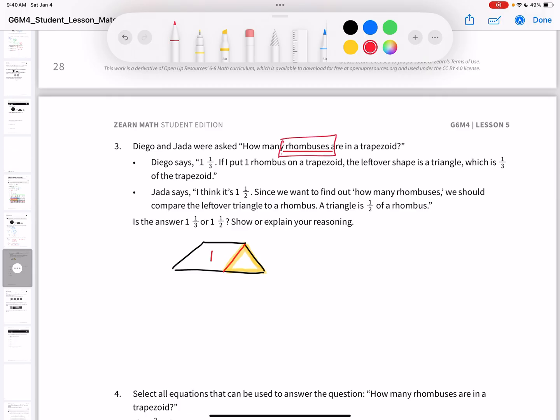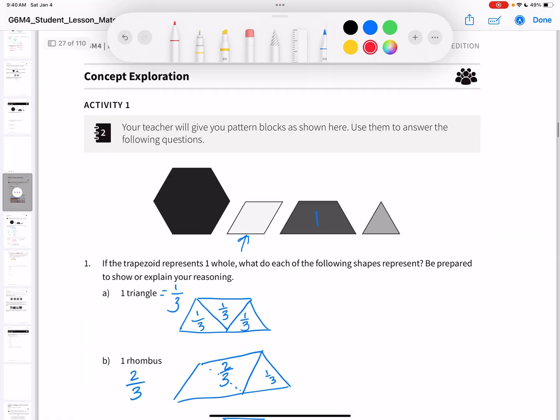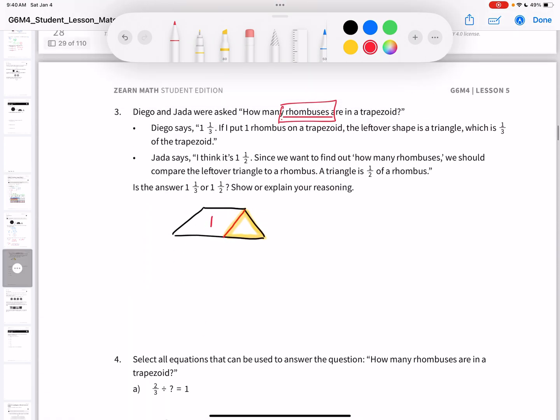So that's like if we go all the way back up here, that's like saying how many 1/2s are in 1 versus how many 1/4s are in 1. They are different because they're different sizes, right? So when we go down here, we have to talk in terms of rhombuses, right? So there's 1 whole rhombus, and then this part here is what part of a rhombus?